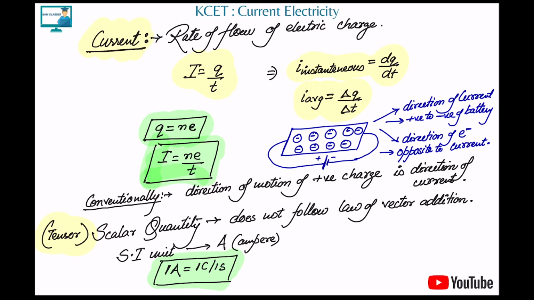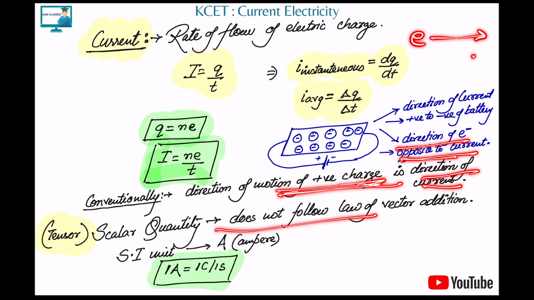Now next, direction. Earlier days people were very superstitious, so they wanted everything to be related with positive stuff only. So they took the motion of positive charge as the direction of current. So the direction of flow of electron will be opposite to that of current. If the electron is flowing like this, the current direction will conventionally be like this, opposite to that.